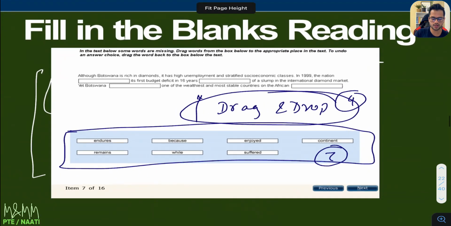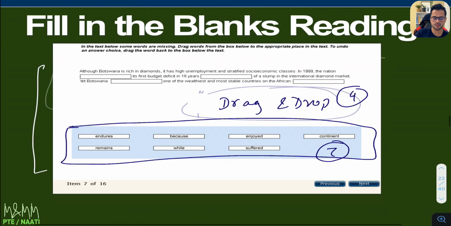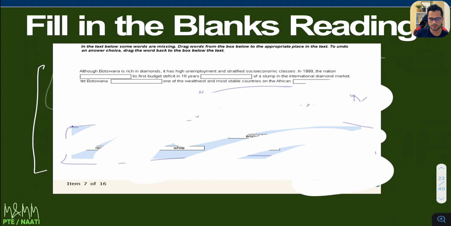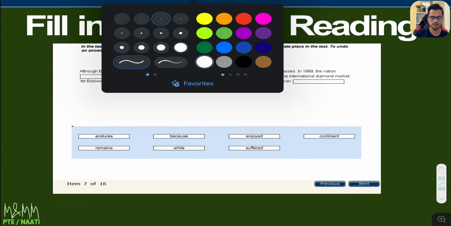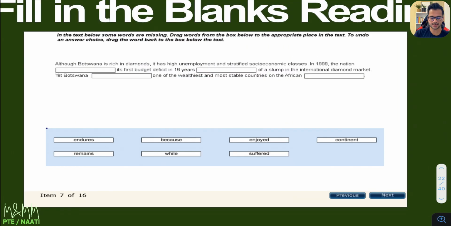Now let's try to solve this question and put these grammar rules and our logic into place, to see if we can get a few right answers. It says, although Botswana is rich in diamonds, it has high unemployment and stratified socio-economic classes. In 1999, the nation dash its first budget deficit in 16 years.